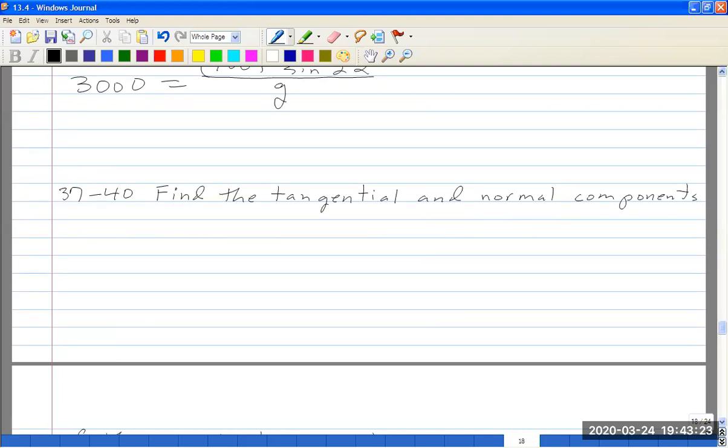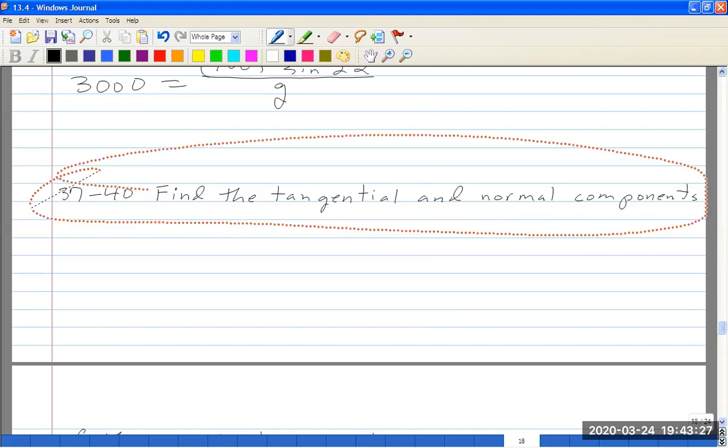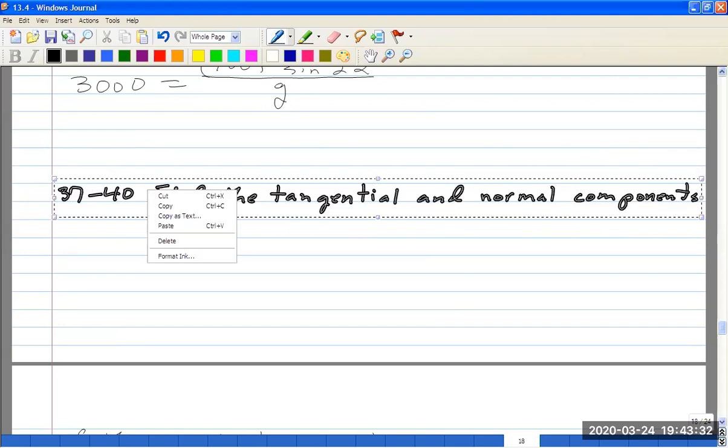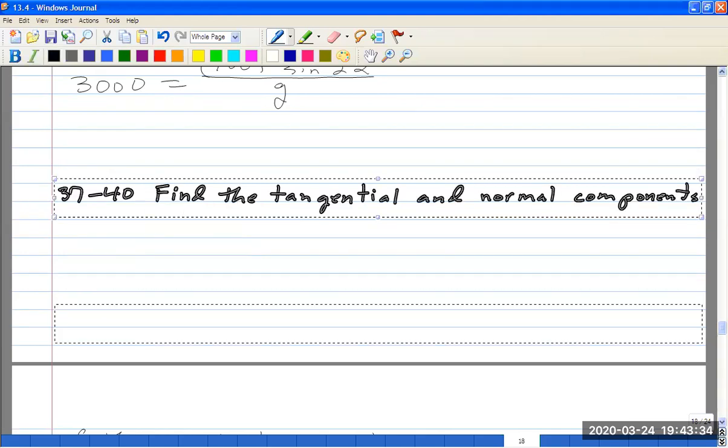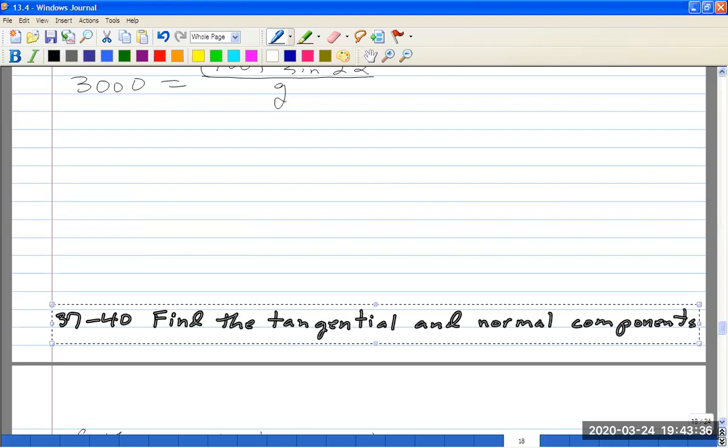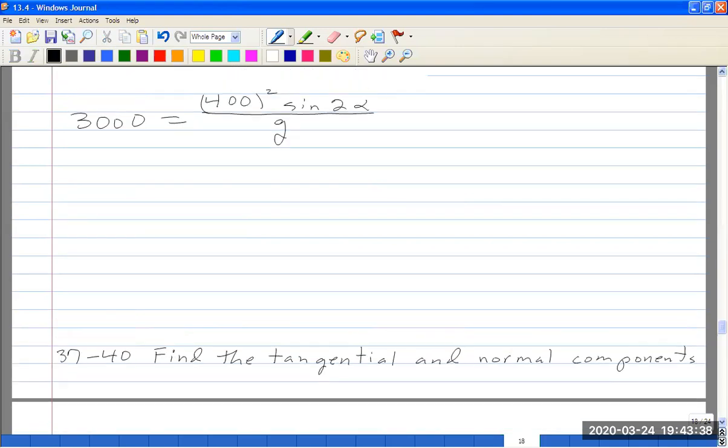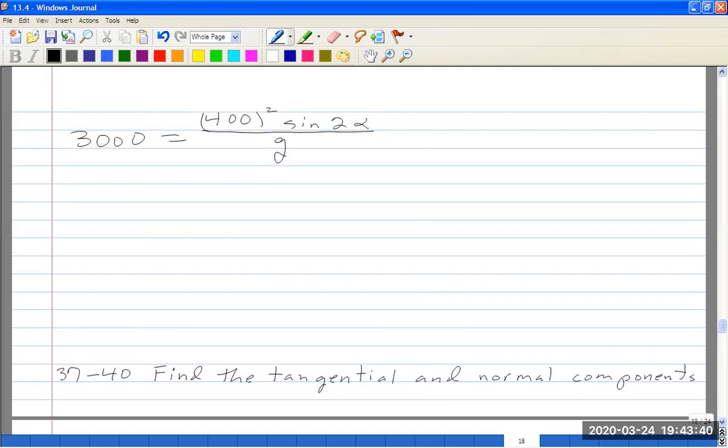And so, let's move this out of the way for a second. Okay, good. So this is 3,000. g is 160,000.